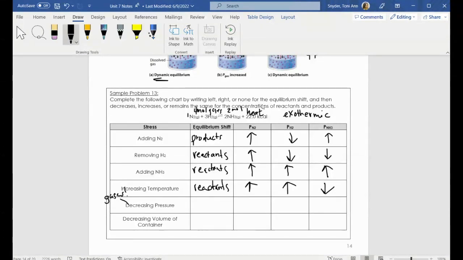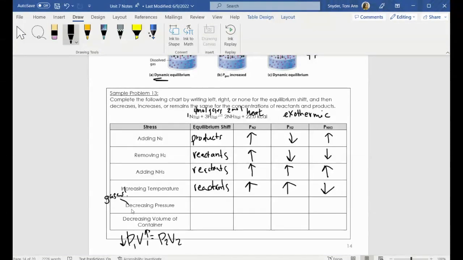The side that's favored with a decrease of pressure, the lower the pressure, is going to favor the higher volume. If I think about Boyle's law, Boyle's law was P1V1 equals P2V2. So if the pressure of a system is going to go down, that means that the volume is going to go up.